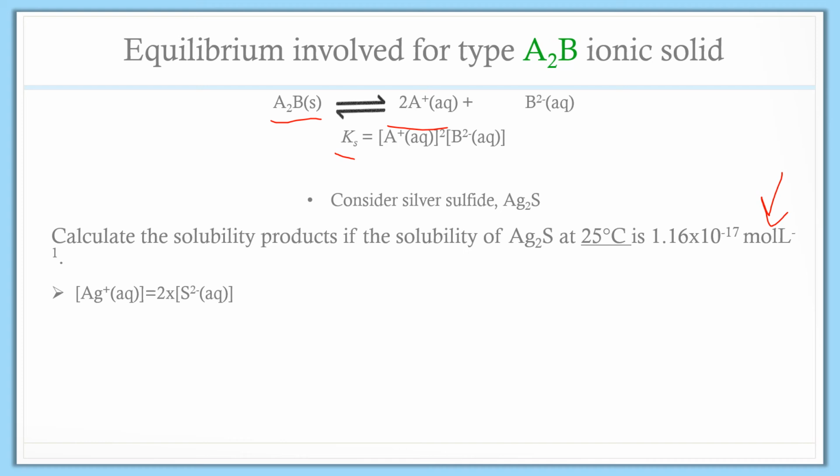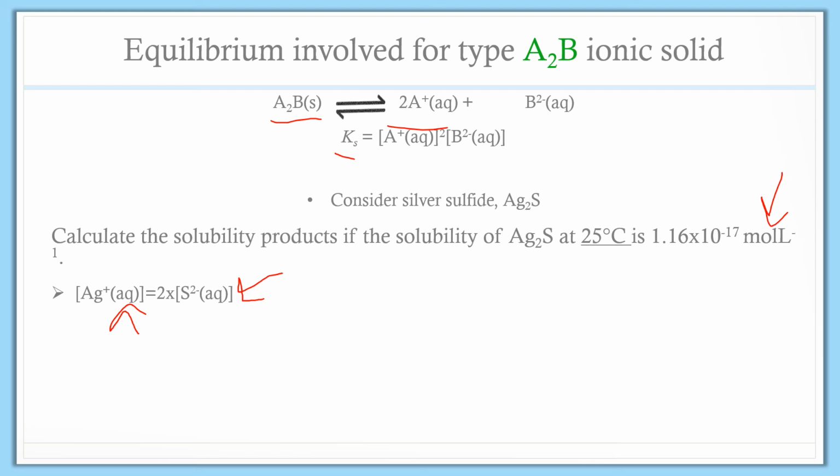So here is the generalized equation, kind of. We know that whatever the concentration of silver is, the concentration of sulfur is going to be half that, because we have 2 silvers for every 1 sulfur. So we have to multiply the sulfur by 2 in order to get the same concentration as silver, which is what they've done here.